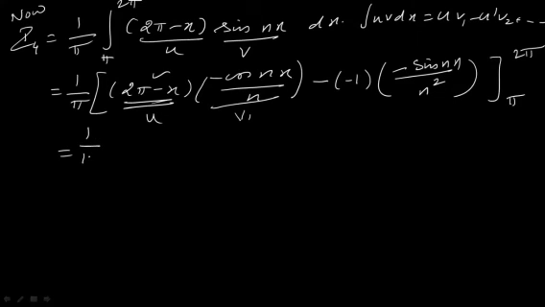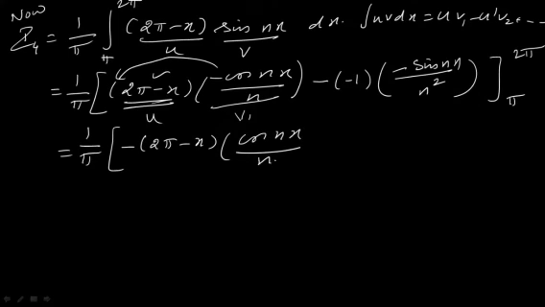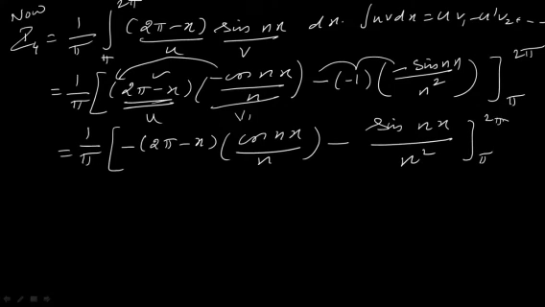Let me simplify this first. So take this minus to the front, minus 2 pi. Take this minus to the front. Okay. Minus of 2 pi minus x cos nx divided by n. Here you have 3 minus. So minus sin nx divided by n square with the limit from pi to 2 pi. Now let me substitute the limits.